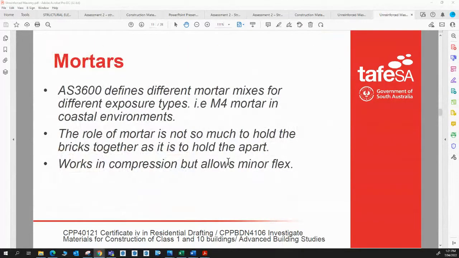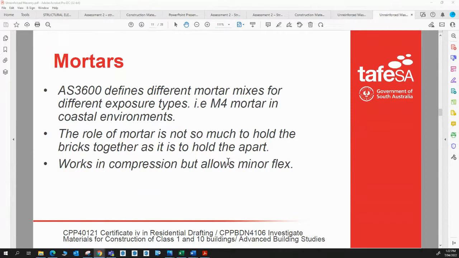Okay, so one of the Australian standards for brickwork, as you should all know by now, is AS3600, and that AS3600 defines different mortar mixes for different exposure types. So in places where you've got more aggressive conditions, such as building on the beach or something like that, you have to have a higher cement content in the mortar.